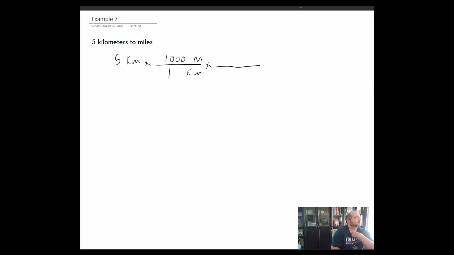Then we're going to have to convert into another unit, let's say feet, and there are 3.3 feet in 1 meter. And then there are going to be 5,280 feet in 1 mile.